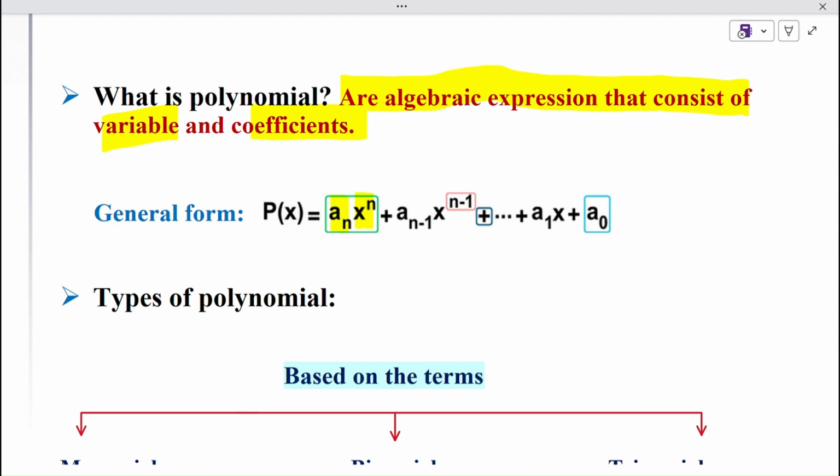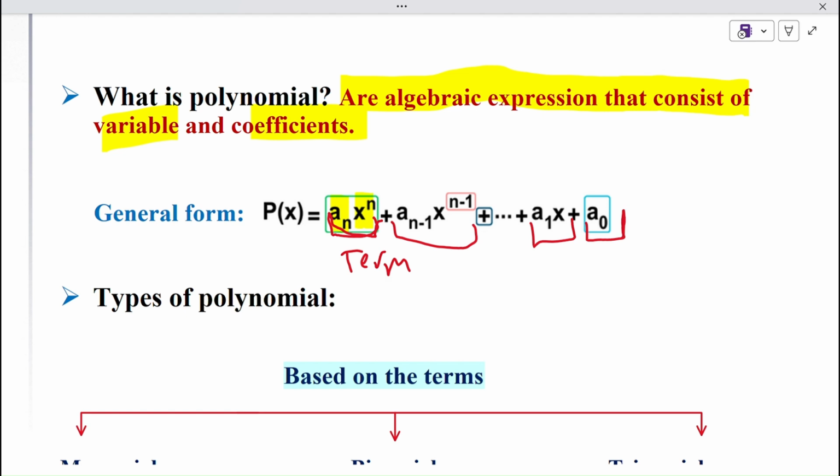So both the variable with this coefficient is called a term. This is called a term. It means this is the first term, this is the second term, till another operator, this is the third term, and this is the fourth term.